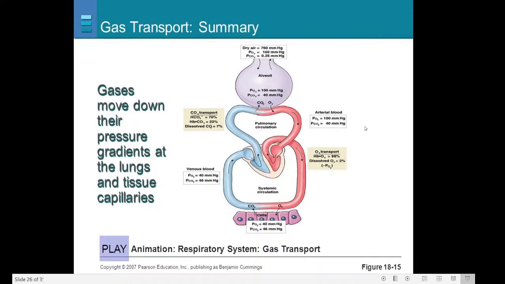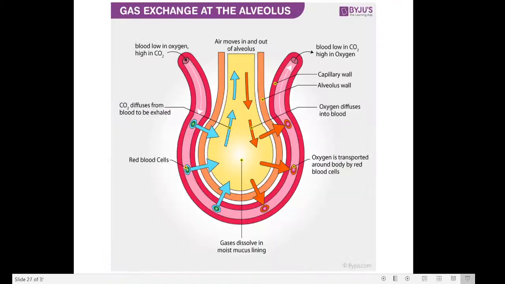Overall, at the alveolar entry the blood is low in CO2 and high in oxygen. At each step the blood cells release CO2, the gas dissolves in the moist mucus lining, and the oxygen is transported around in the blood, diffused and released with low CO2, and moved to the cells.